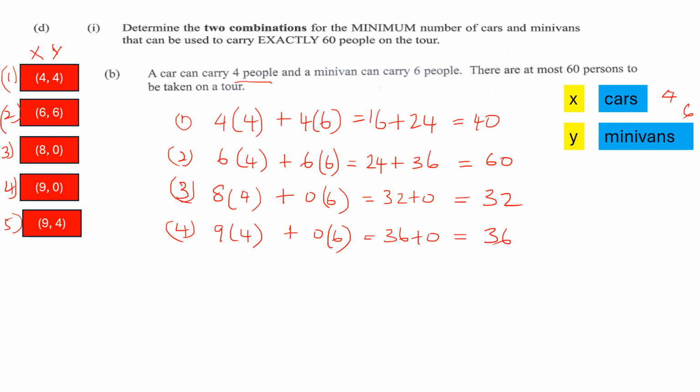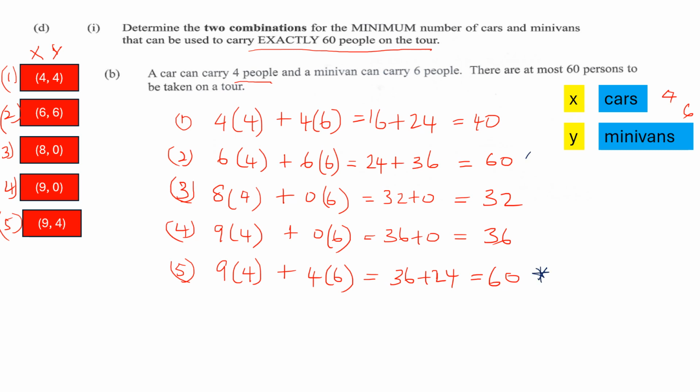The last set of coordinates, that'll be 9 by 4 plus 4 by 6. So that's 36 plus 24. So that is 60. So it carries exactly 60 people on the tour. So that is here and here.